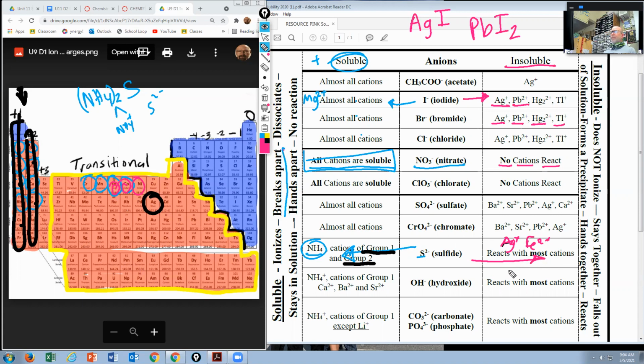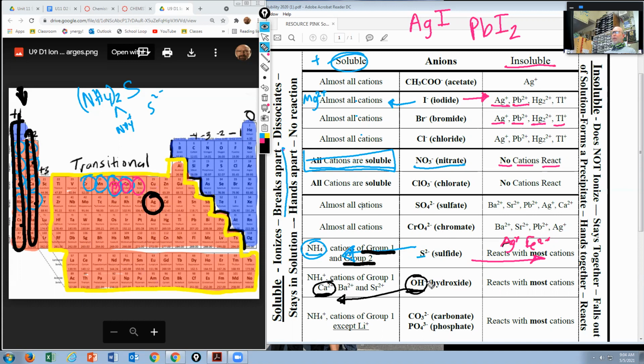Okay, so hopefully this makes sense. So we'll go through a couple of examples. If you mix calcium with hydroxide, will that be soluble or insoluble? Well, the calcium's on this side here, and the hydroxide, which means it's going to be on the soluble side. Let's take a look at another one. What if we would mix iron?